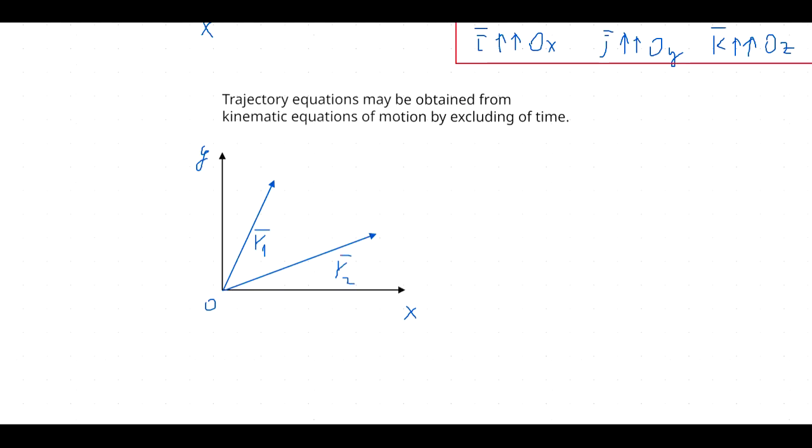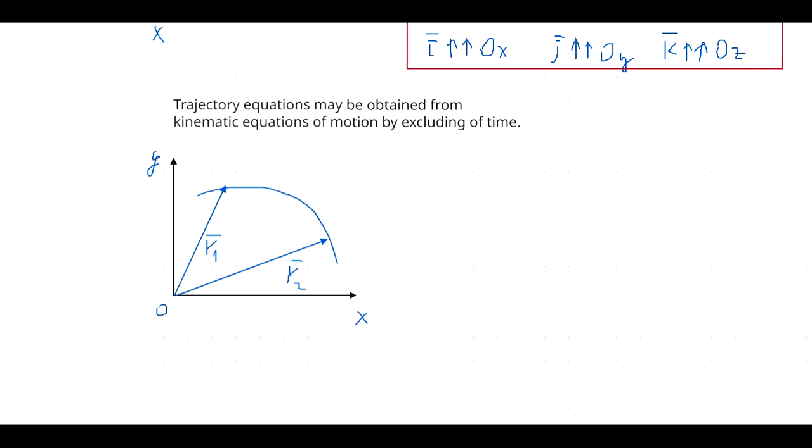And the trajectory of motion may be drawn in some way like this, for example. The path length can be denoted as some delta s. This is a path length of this way.